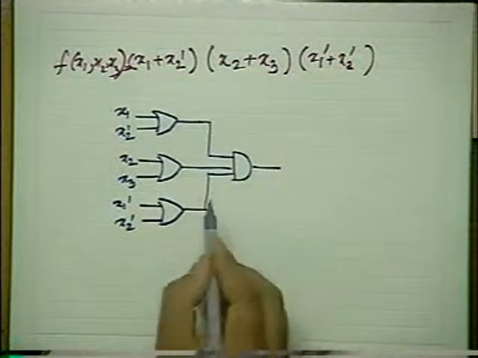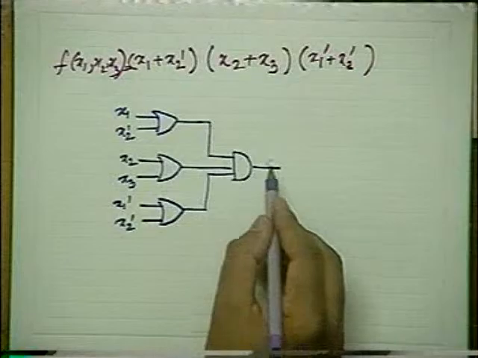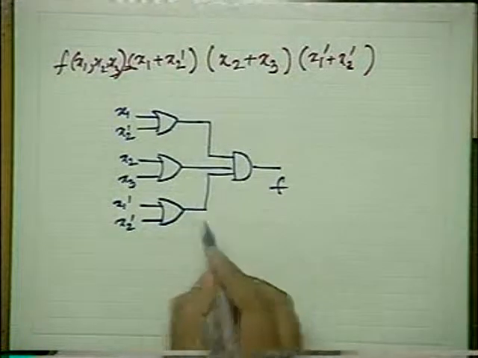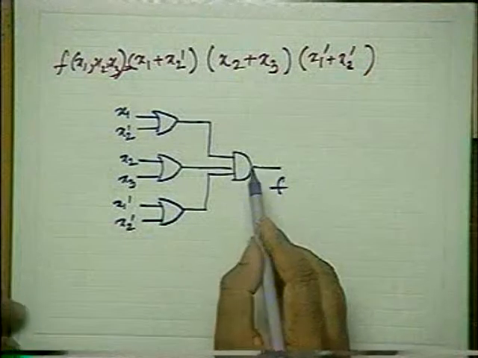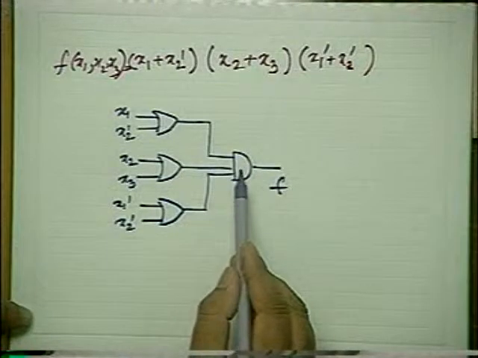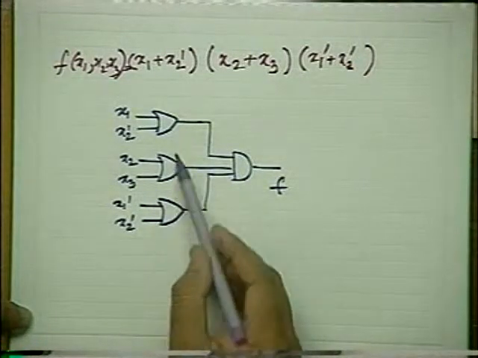This realizes the function over here. Now, you see that in the first level you have an AND gate, and in the second level you have OR gates realizing these sum terms.